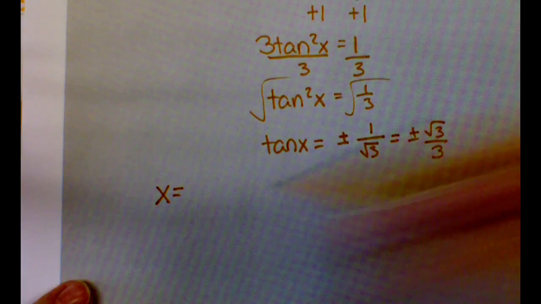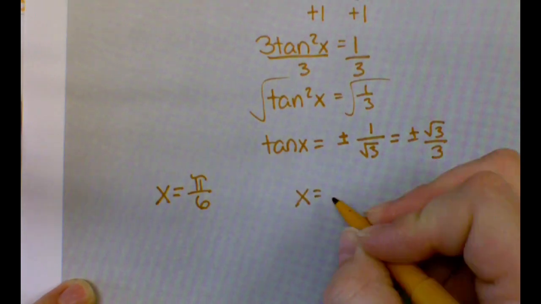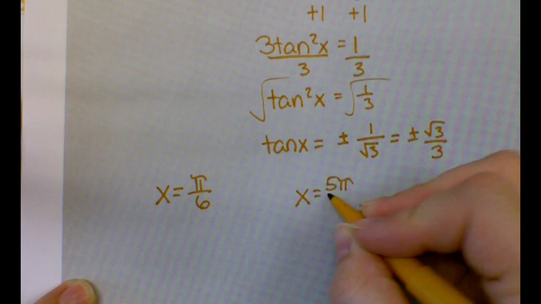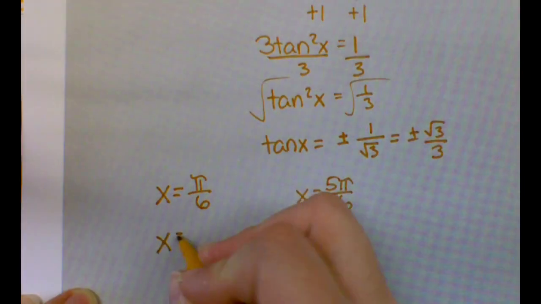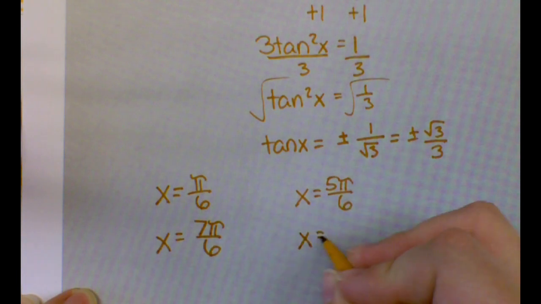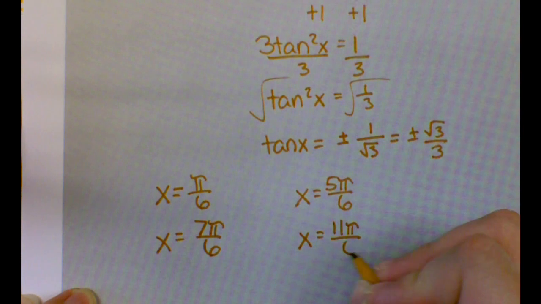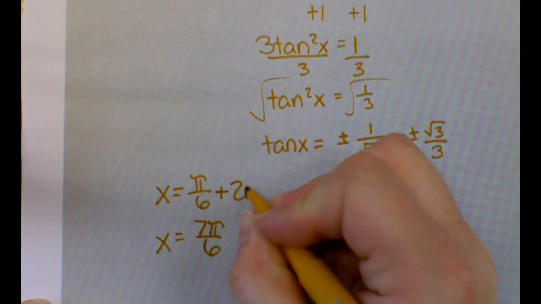So that would be pi over 6, 5 pi over 6, because I can also have negative, 7 pi over 6, and 11 pi over 6. Our rules said add a 2n pi to all of these.